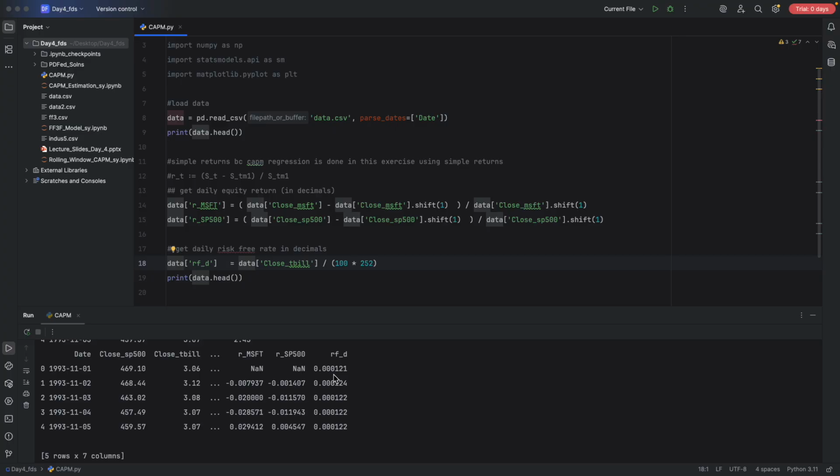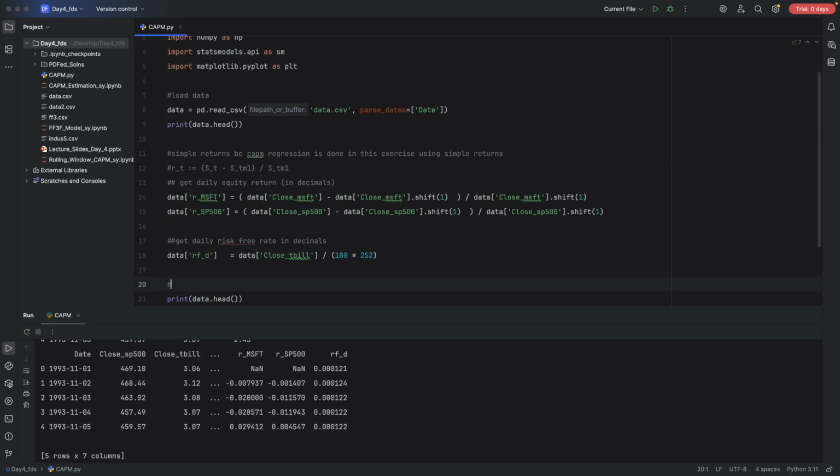Now, the next thing I do: I could run a regression already now and specify R minus RF, but this can always lead to mistakes. It's really better to get all the data ready before you work with it. So I would now say get excess returns. Now I provide the definition for an excess return. In the literature, it's usually called XR, from excess.